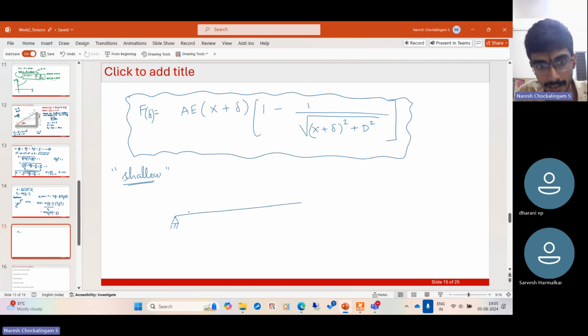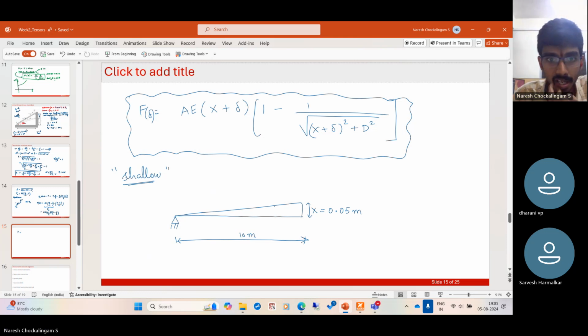Let us take the initial height, capital X, as 0.05 meters and this length D as 10 meters. Take AE as 1. Now let us plot this expression in the same file.